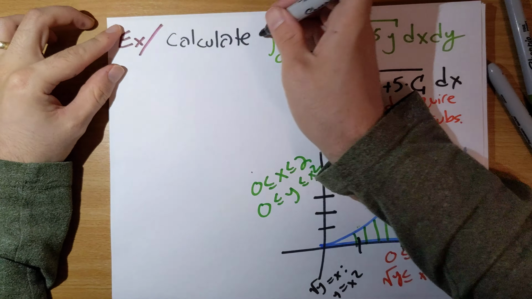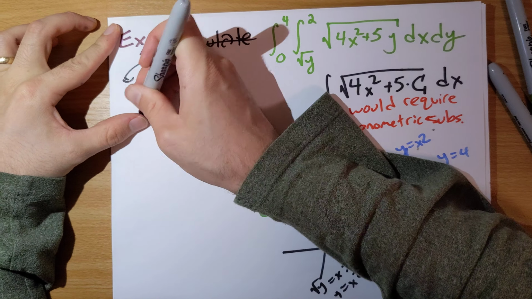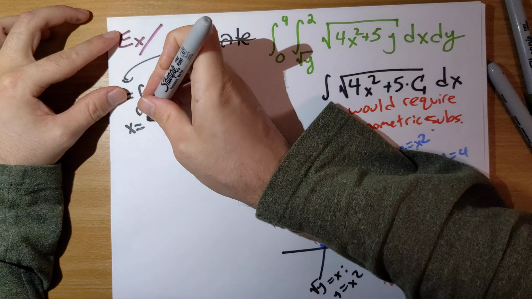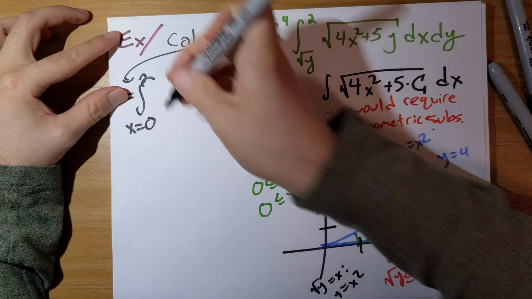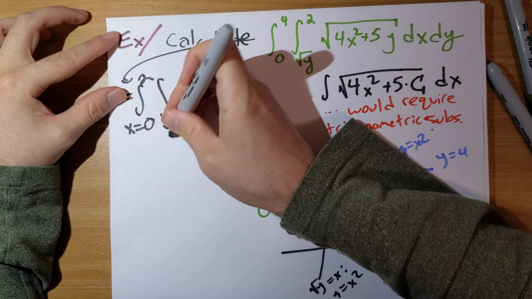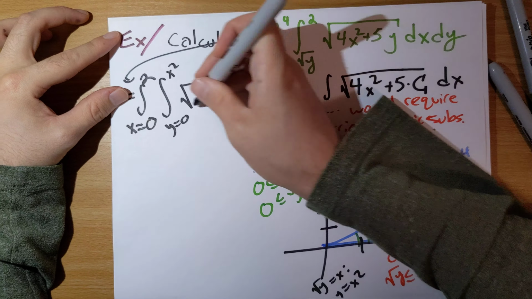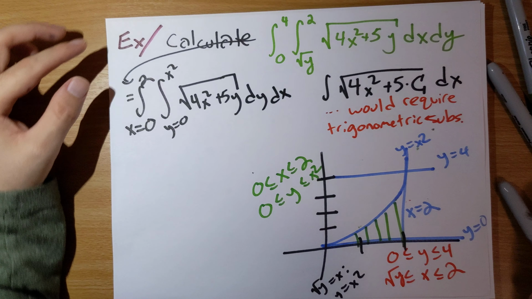And so what we do, this is equal to the integral where x runs from 0 to 2. Constants on the outside, then y runs from 0 to x squared, square root of 4x squared plus 5y dy dx.